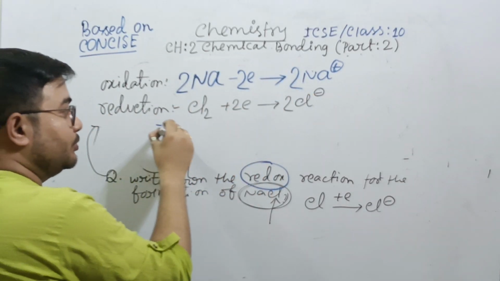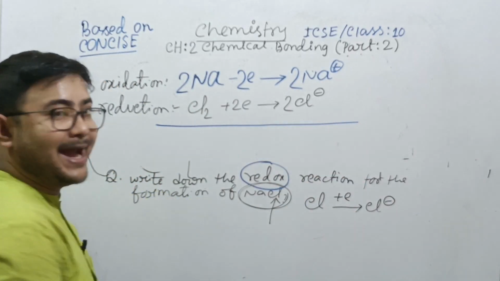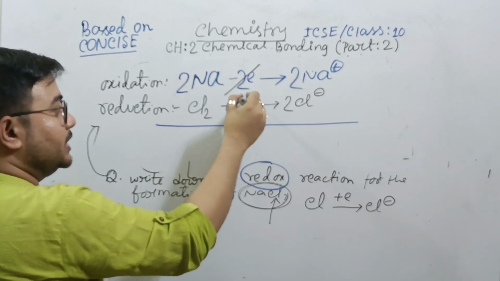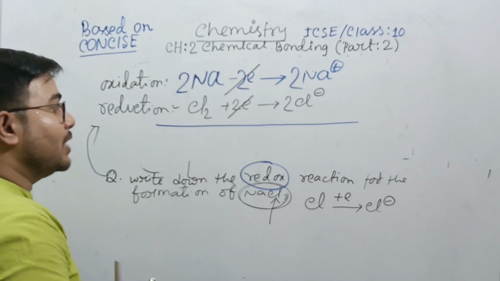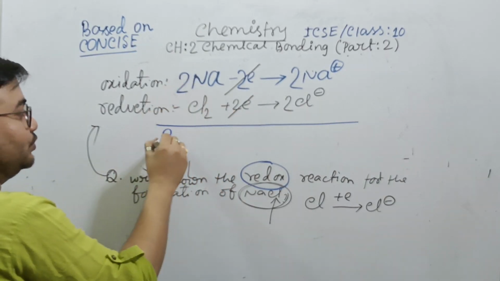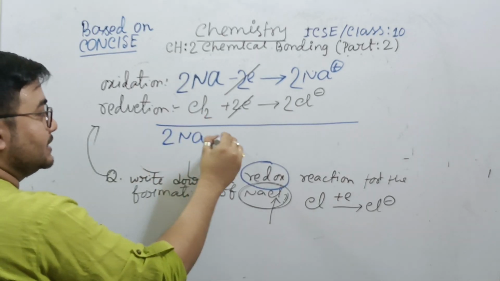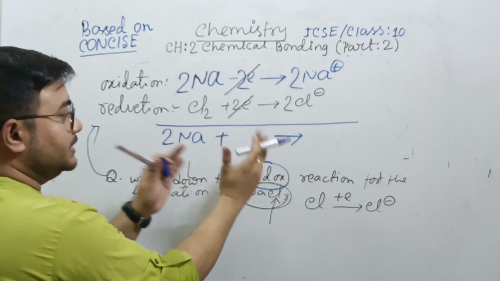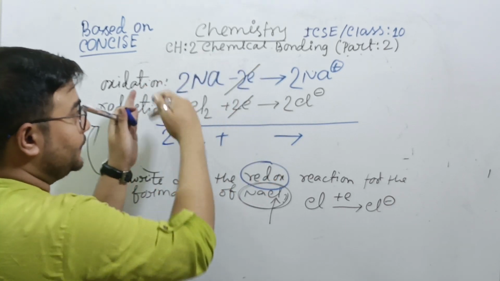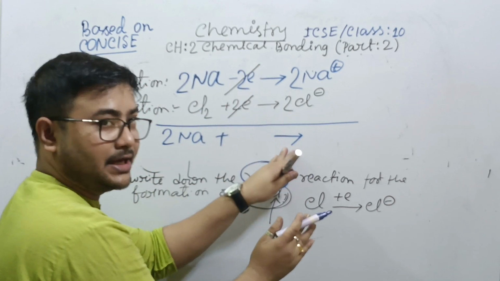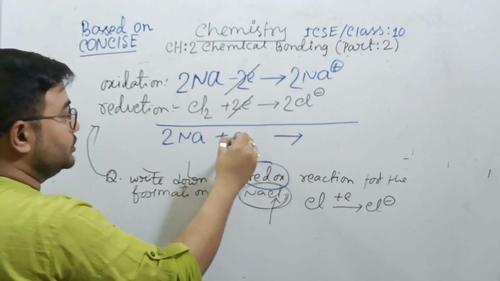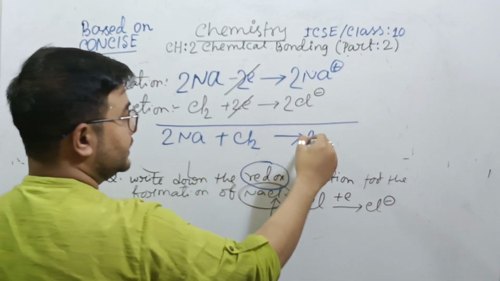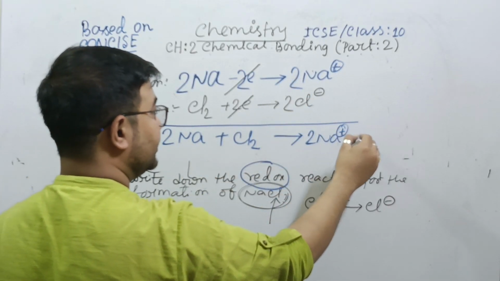Why? Because when we add these, we can easily cancel the -2 electron and +2 electron. So after the addition we have 2Na+, then the arrow. Always write the right hand side of the equation on the right of the final arrow. So here 2Na and Cl2 give, because we already cancelled the 2 electrons, 2Na+ and 2Cl-.